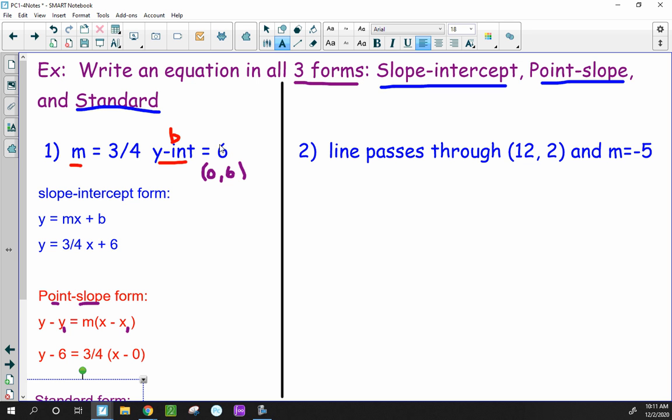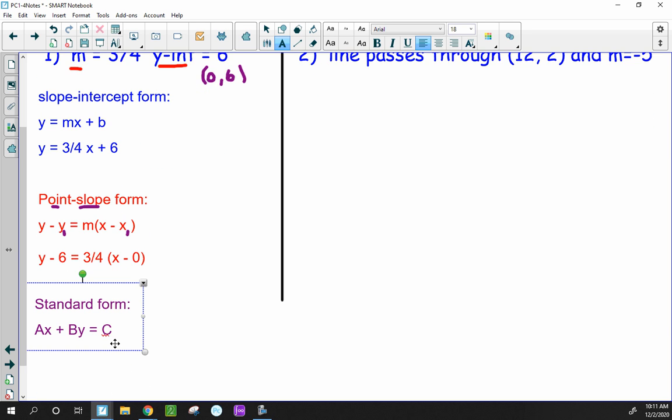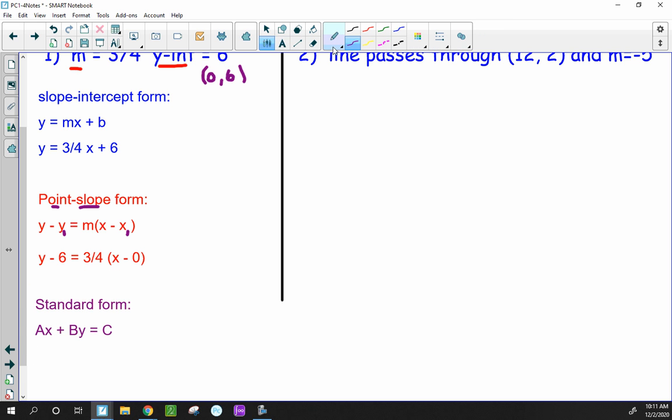I can pick one of these 2 answers and transpose to make it look as close to standard form as possible. Both will work. I'm just going to stick with slope-intercept form because we're more used to that.